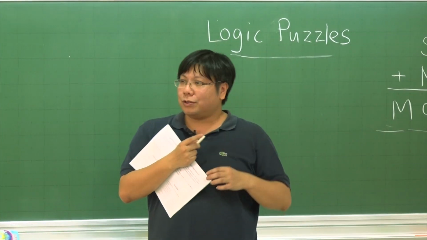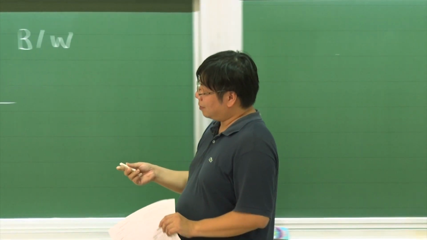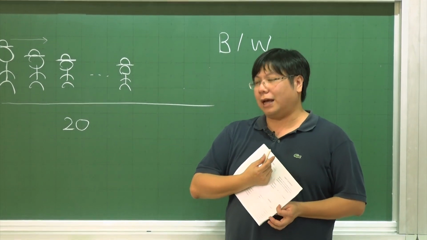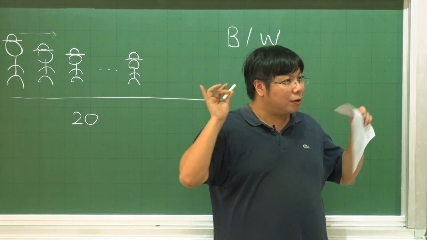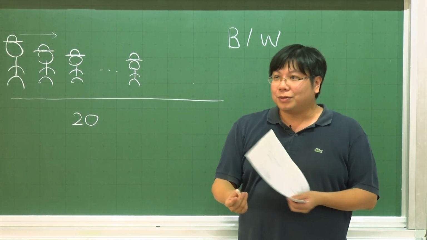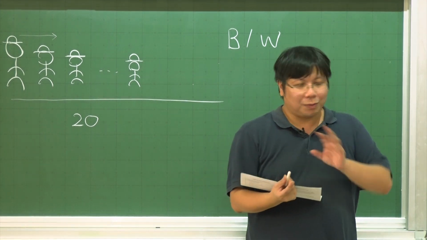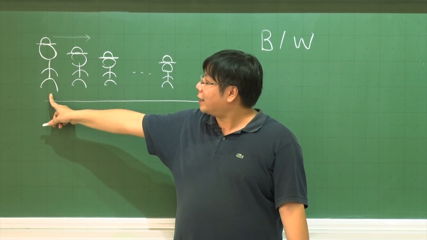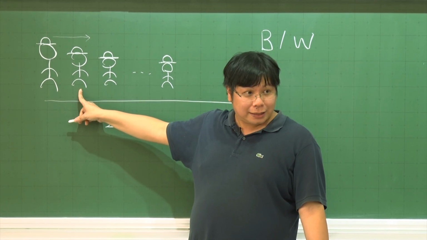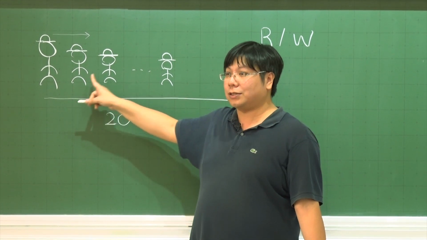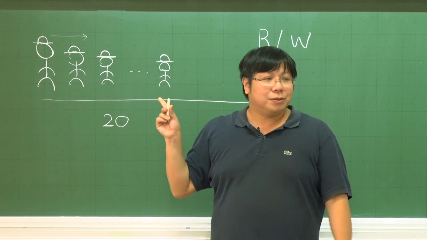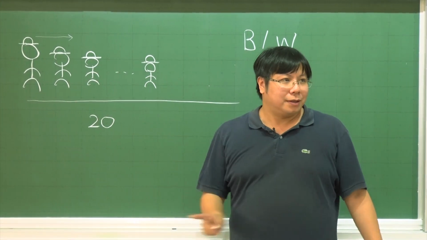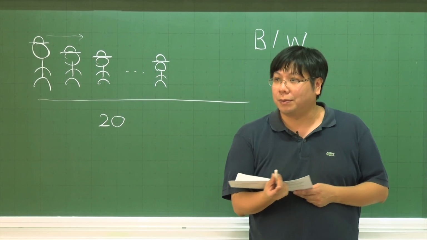So actually, this group of people, we will ask this person, what is the color of your hat? And after that, we will ask the next person in this line, what is the color of your hat? And so on and so forth. We hope that as many of them can answer correctly as possible.